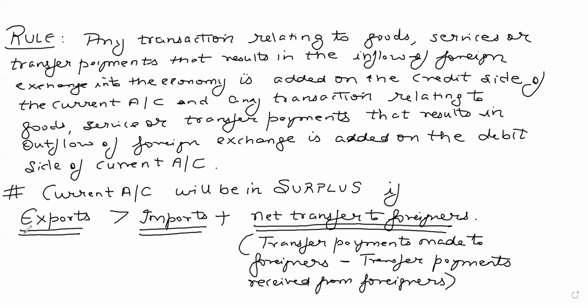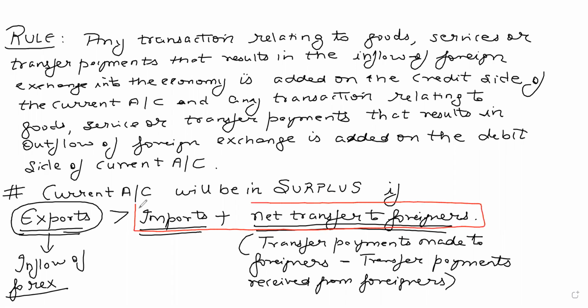So exports are causing an inflow of foreign exchange. Exports are causing an inflow of forex. Forex is the short form we use for foreign exchange. So exports are causing an inflow of forex, and imports plus net transfer to foreigners is causing outflow of forex.